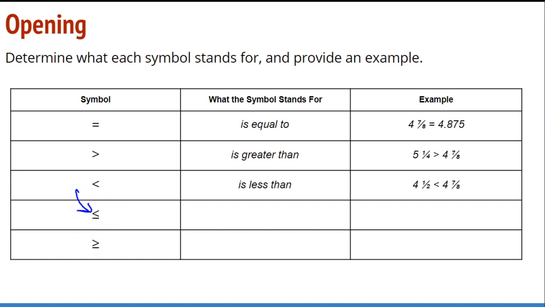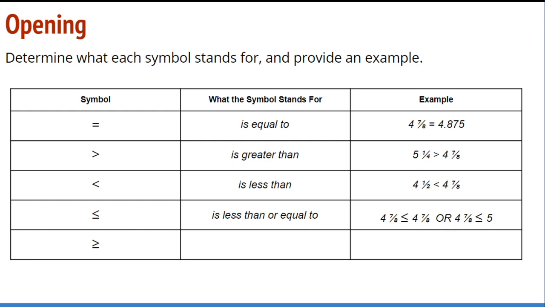We have the less than symbol, but we also have part of the equals symbol. And this is named less than or equal to. So for example, 4 and 7/8 is less than or equal to 4 and 7/8. In this case, it's equal to the 4 and 7/8. Or it could also mean less than. 4 and 7/8 is less than 5.